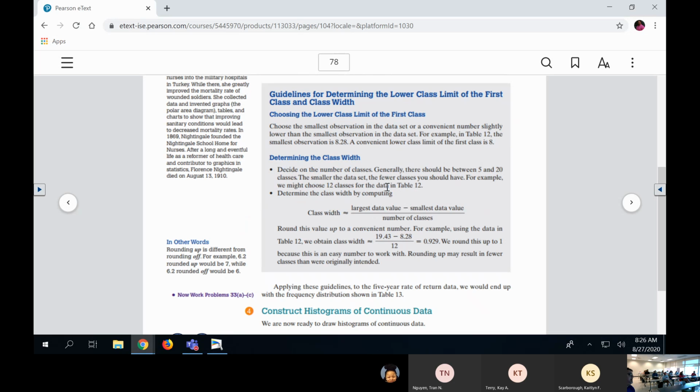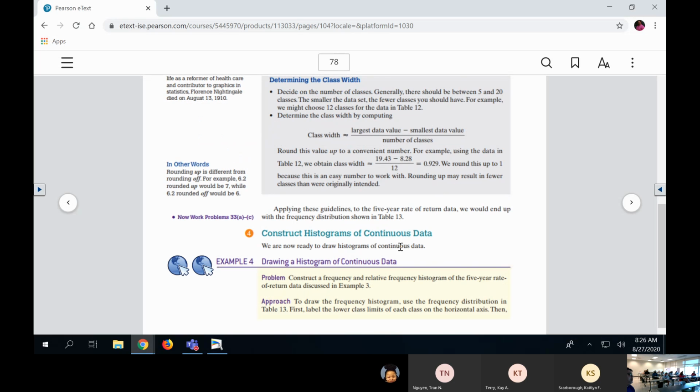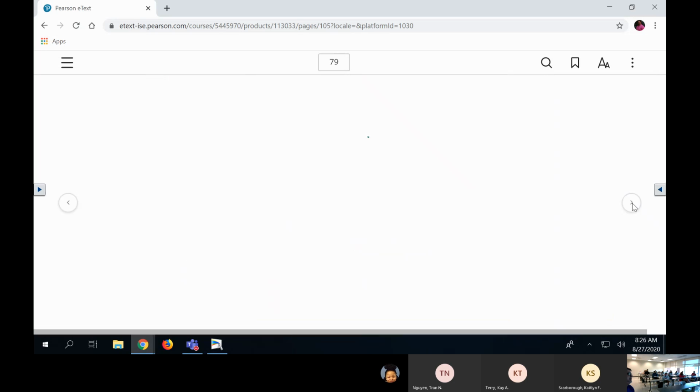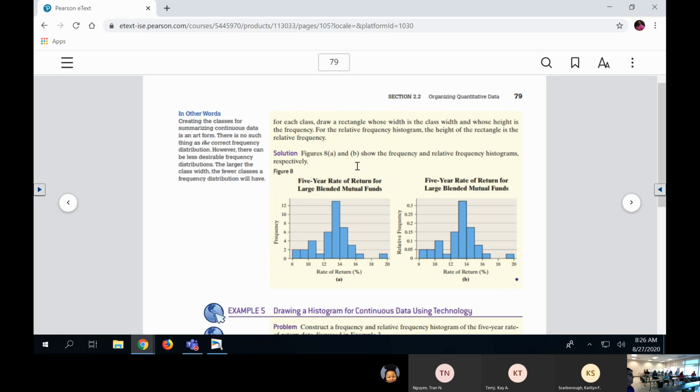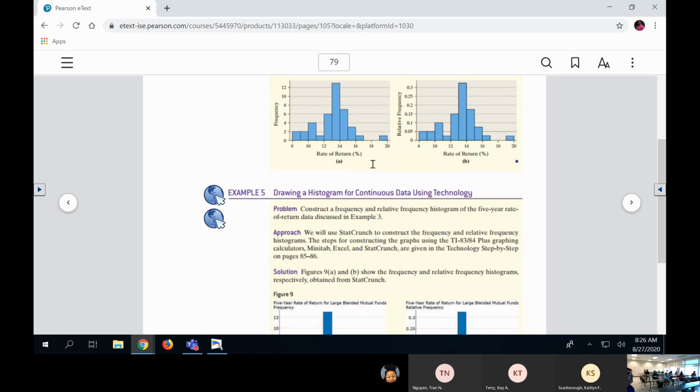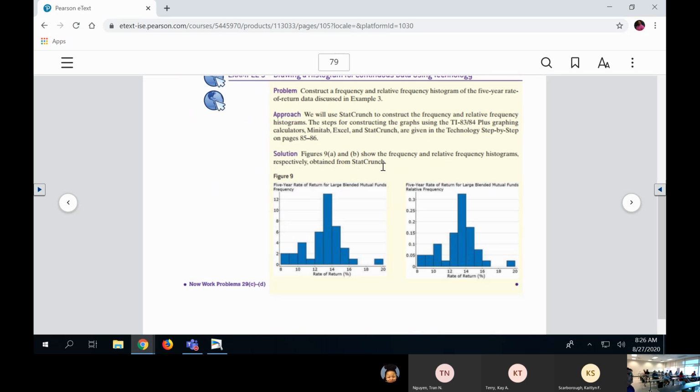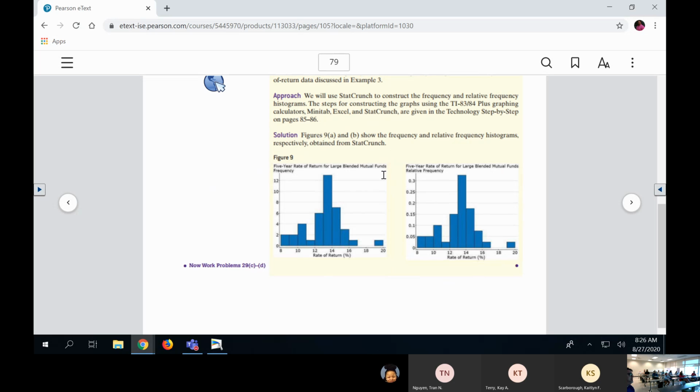You might want to make a note of that just to read over it. Construct a histogram. I'm not going to go into that. I'll show you how to do that on a calculator or an Excel spreadsheet in chapter 3. I'll show you how to do that. I was hoping they'd put a bar chart and a histogram beside each other, but they don't do that in here.